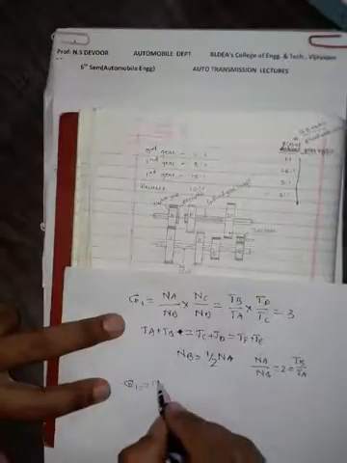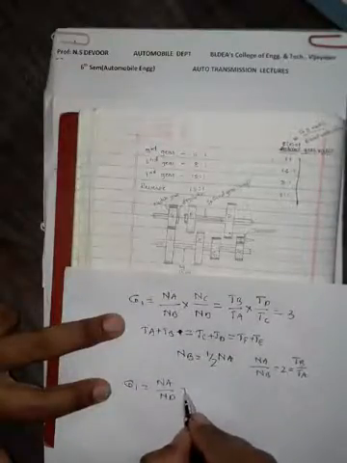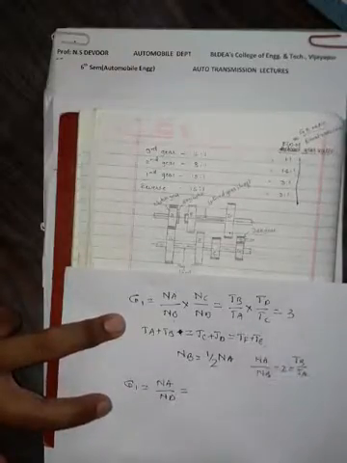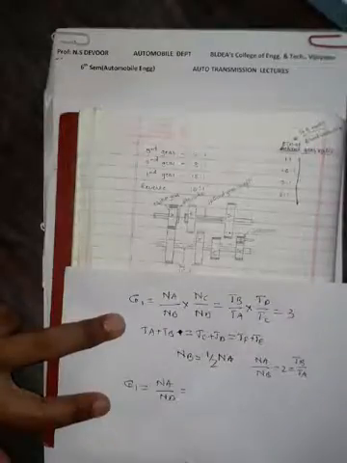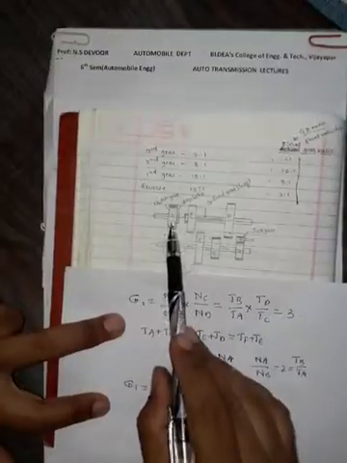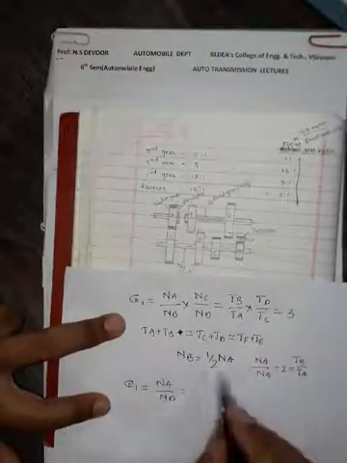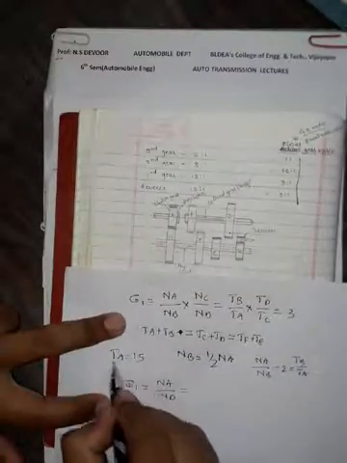Then what happens? NA by ND is equal to TB by TA into TD by TC. Minimum number of teeth on the pinion should be 15. They have mentioned. Usually in the gearbox, the smallest gear will be the clutch gear. Then what happens? Minimum number of teeth means TA. TA becomes how many teeth? 15 teeth.